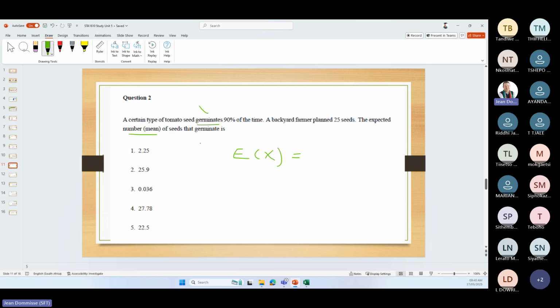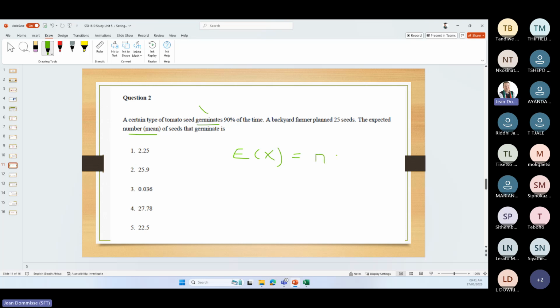There is no time involved. So when we bring time in, it will become a Poisson distribution. So if this was something that they said happens over a day, over 2 weeks, or something like that, then you bring in the Poisson distribution, but it's not. So this is just work out the mean.